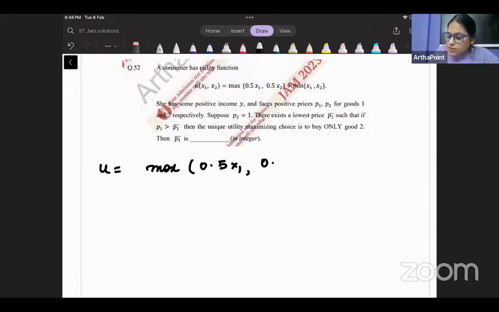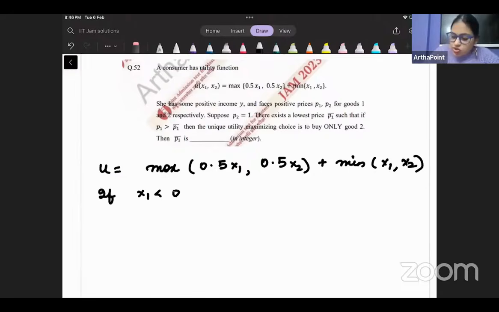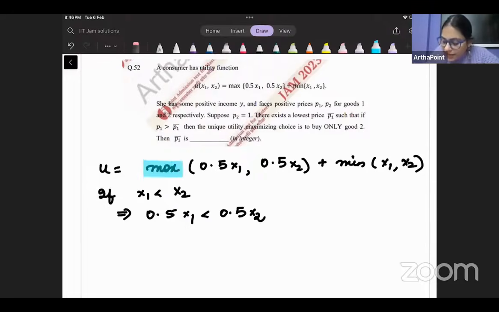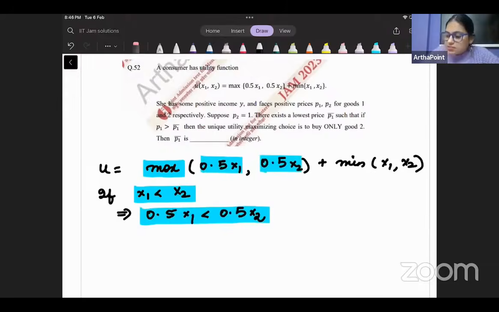0.5 x1, 0.5 x2 plus min x1, x2. Clear? बेटा इफ x1 is less than x2, हम केस 1 ले रहे हैं, x1 less than x2, तो इसका मतलब ये हो गया कि half of x1 will also be less than half of x2. तो बेटा when you are finding max, तो अगर x1 x2 से कम है तो half x1 भी half x2 से कम है, तो इन दोनों के बीच में what will be the maximum value?